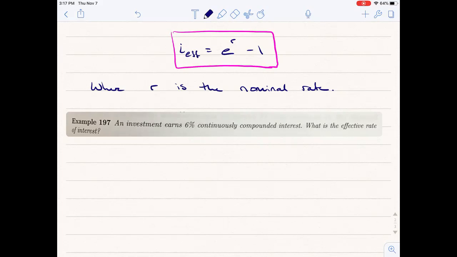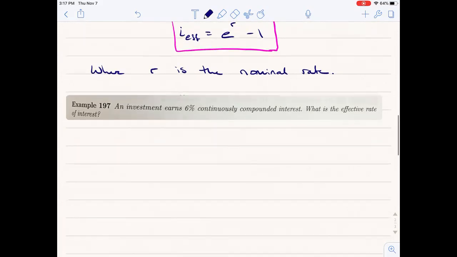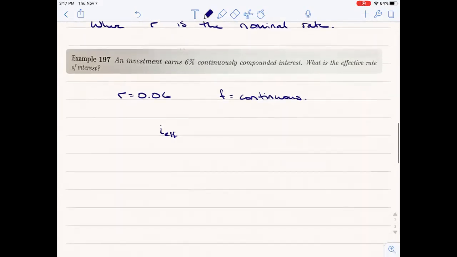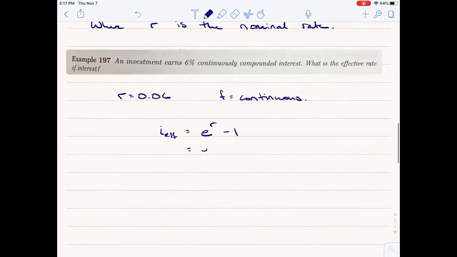What is the effective rate of interest? We know that R is 0.06, and I guess we could say, just to highlight, that F is continuous. We want to find the effective interest rate. Well, the effective rate is e to the power of R minus 1 for continuously compounded interest rates. So we have e to the 0.06 and then minus 1.